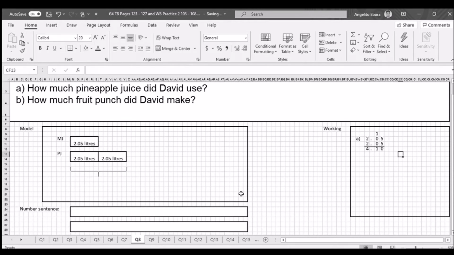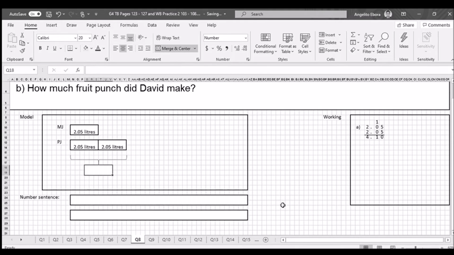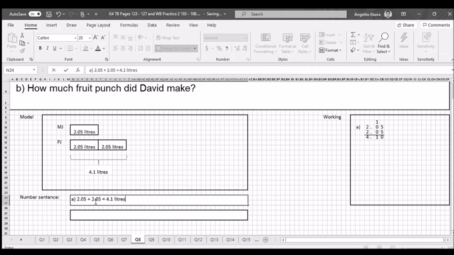So 4.1 liters. So that's the amount of pineapple juice that David used. Okay, let's write the number sentence. 2.05 multiplied by 2 or plus 2.05 is equal to 4.1 liters.